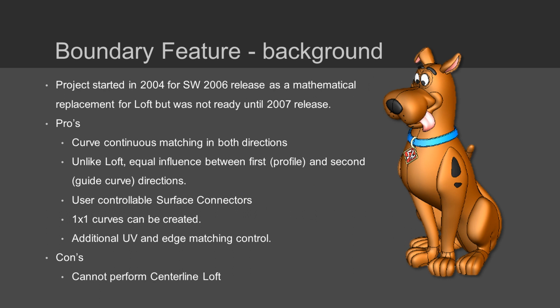The boundary feature was introduced in 2007. It really was started as a project around 2004. And it was conceived because at this point in time, industrial designers were looking for a more versatile, higher quality surfacing tool, namely one that could do curve matching or equal curvature on both first and second direction profiles.